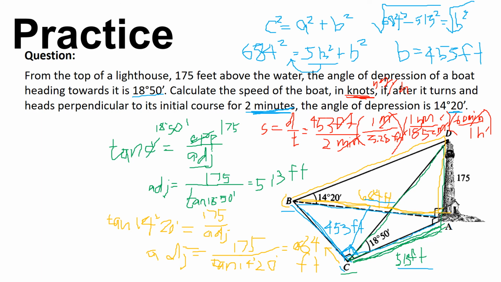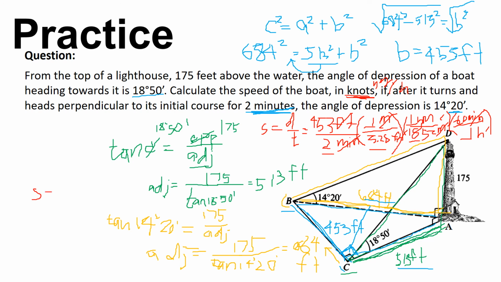So you just simply multiply 453 times 1 times 1 times 1 times 1 times 60 divided by 2 times 3.28084 times 1852 times 1, and that is equal to our final answer.